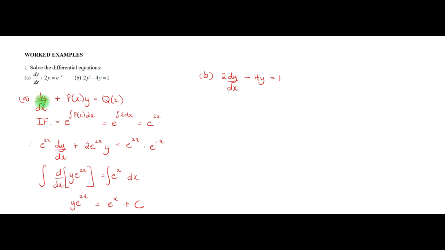We need to have it in the form dy/dx plus something multiplying the y equals something else. What we need to do, therefore, is to divide through by the 2, because the problem with this one, why it looks different from this, is the 2 that is the coefficient of the dy/dx. The coefficient should always be 1. So we're going to divide through by 2.